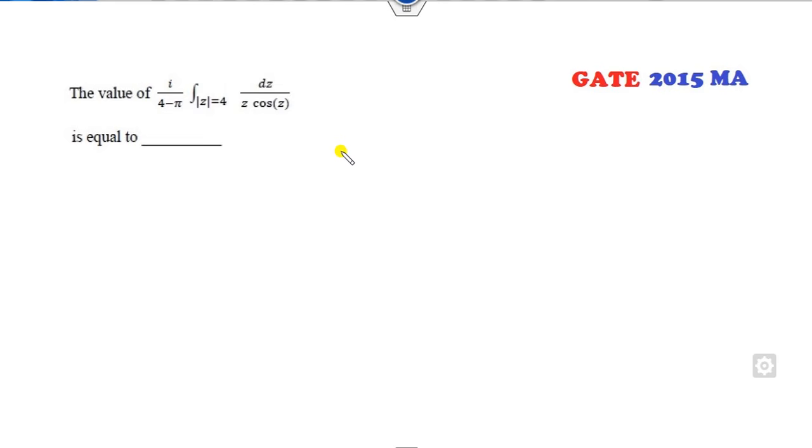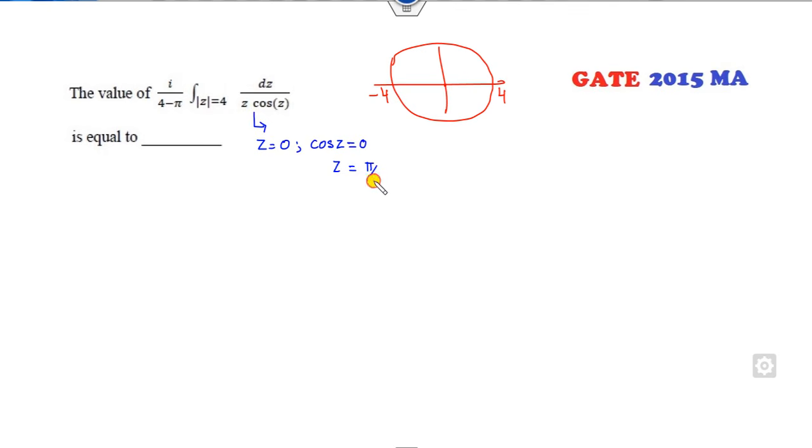Look at this another one. Now again, center is 0, radius is 4. Fine. Then the value of this. So we have to find the poles of this. Poles will be at Z0 where cos Z0 is zero. What are the values of Z0? It will be either pi by 2, minus pi by 2, then 3 pi by 2 and so on.